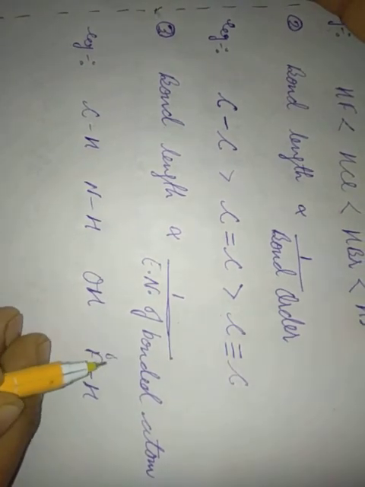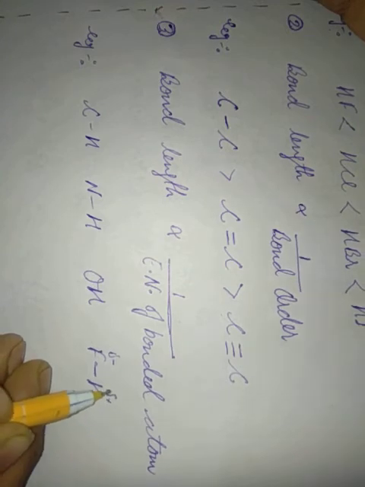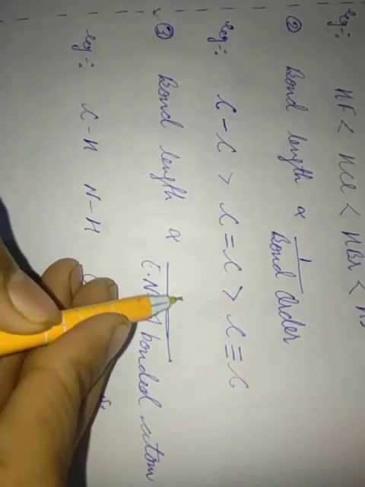So here F is more partial negative and H is less partial positive. So the electronegativity difference of F and H is the greatest. So bond length is inversely proportional to the electronegativity of the bonded atom.